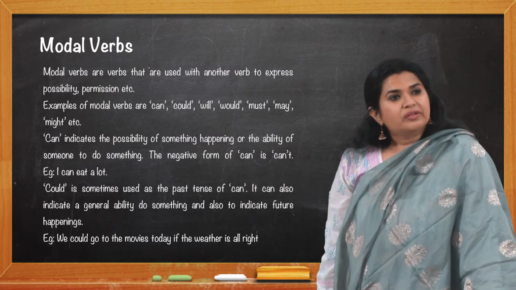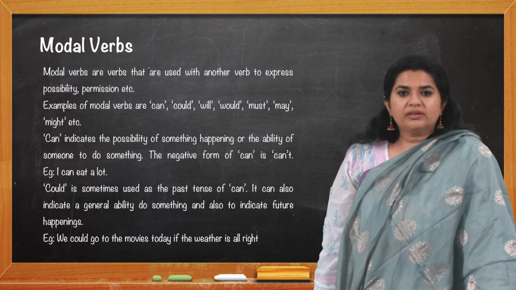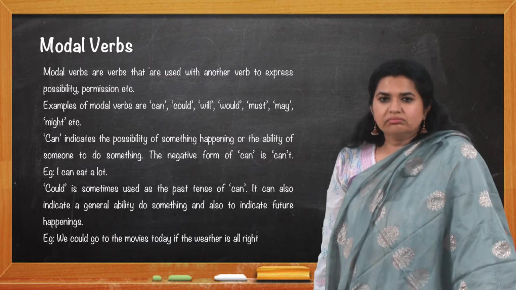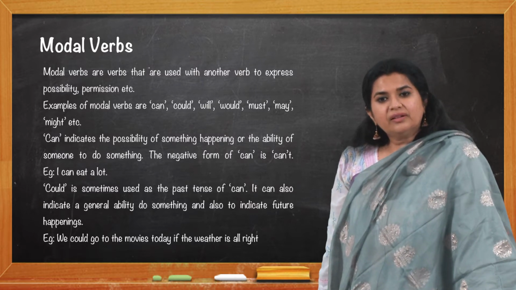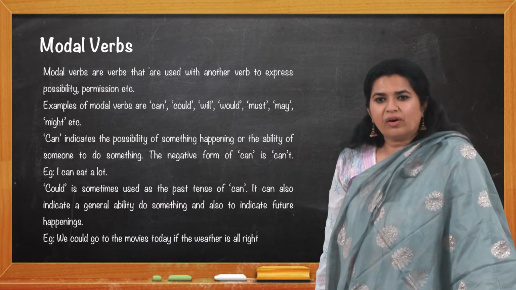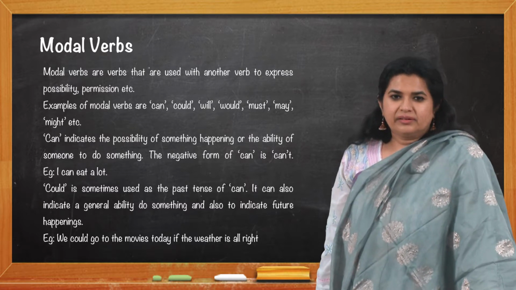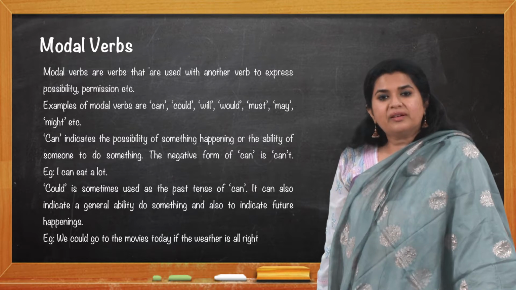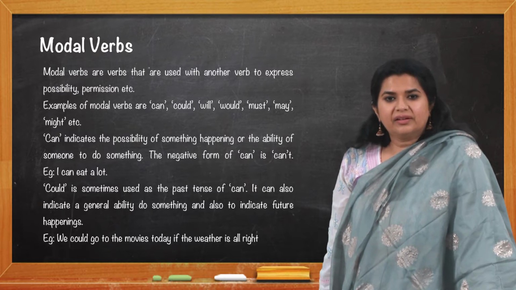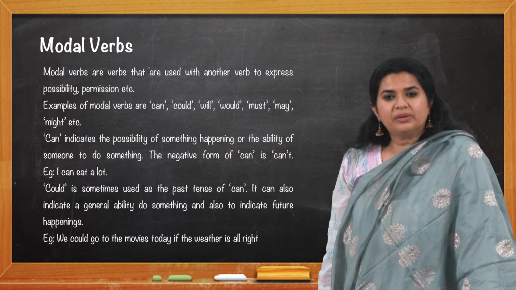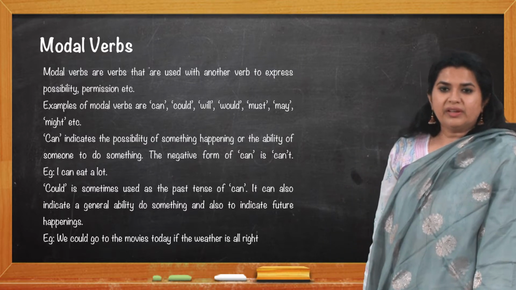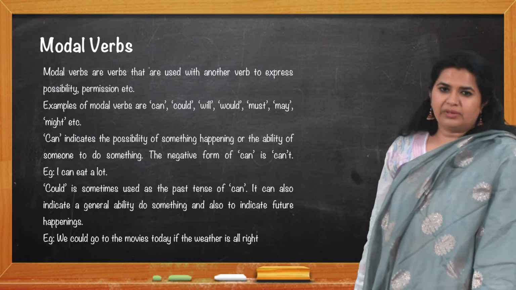Can indicates the possibility of something happening or the ability of someone to do something. The negative of can is cannot or can't. Could is sometimes used as a past tense of can. It can also indicate a general ability to do something and also to indicate future happenings.